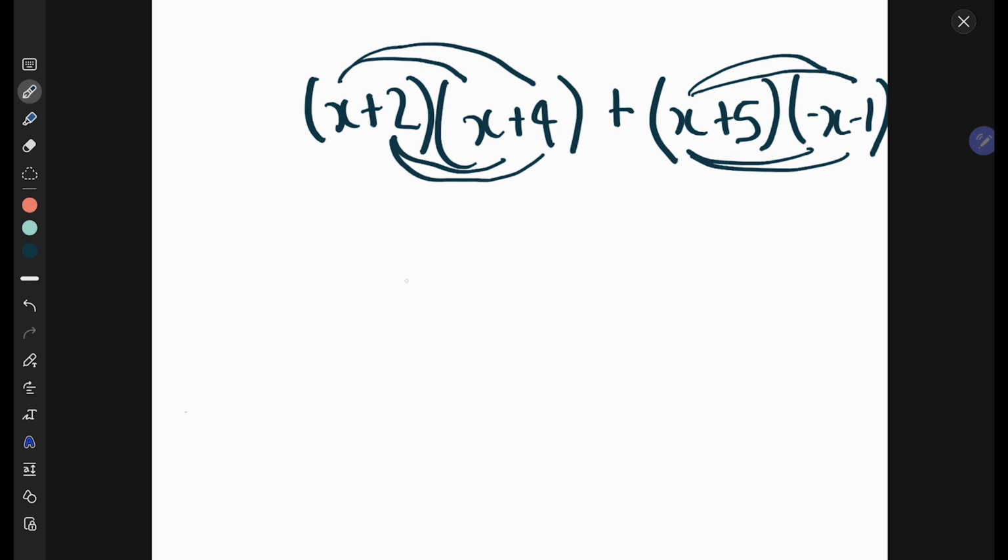So x times x is x squared, and then you have x times 4, which is 4x, so plus 4x. Then you have 2 times x, which is plus 2x, and then plus 2 times plus 4, which is positive 8. And then we have plus, I'm gonna move this a bit to the left actually.